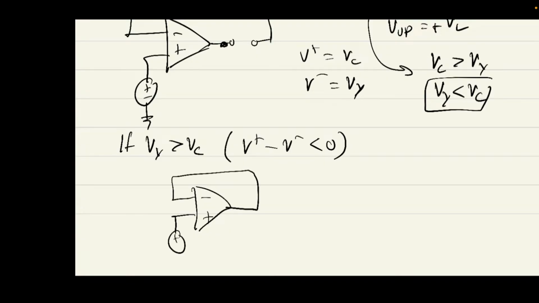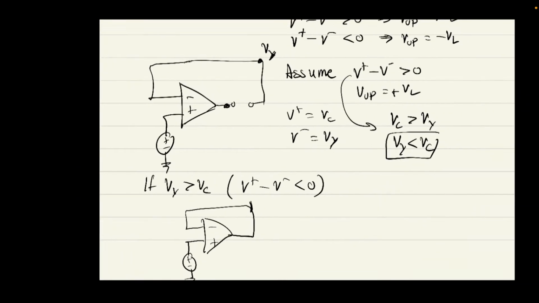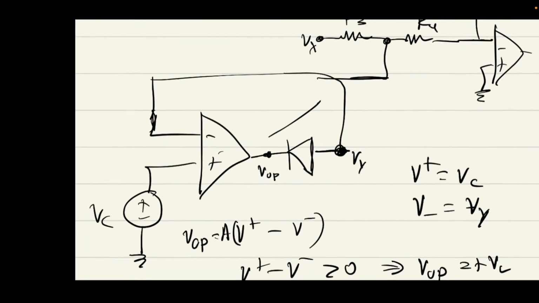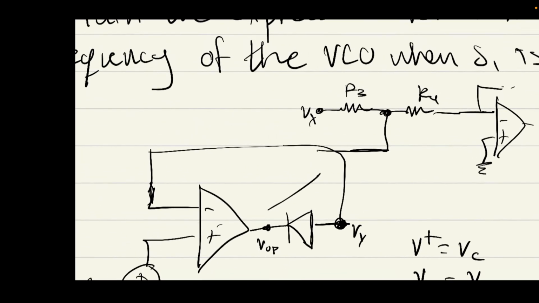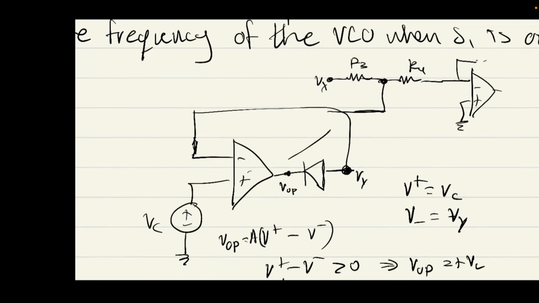Like this. Now, notice that Vy is actually not from a voltage source or anything. It's actually a current division. Voltage division, sorry.